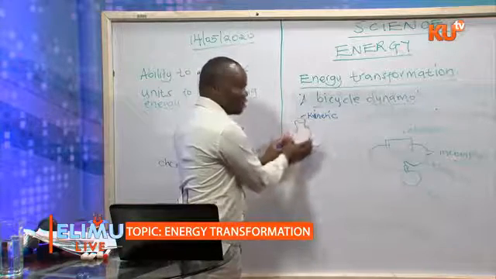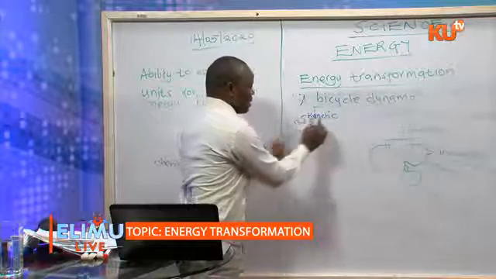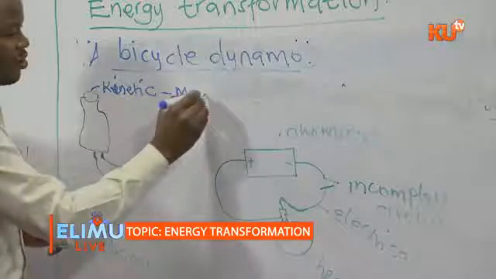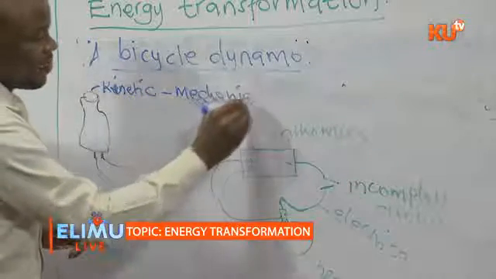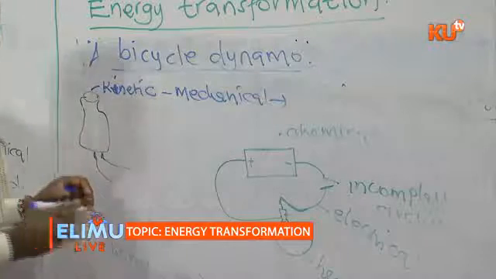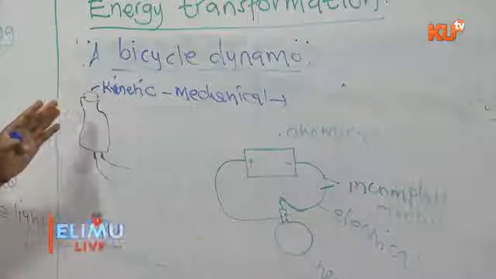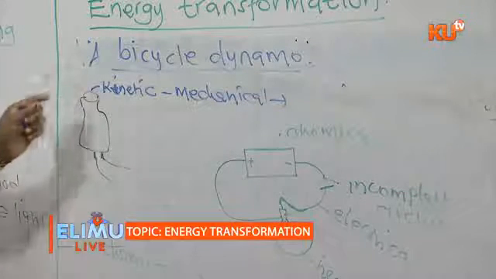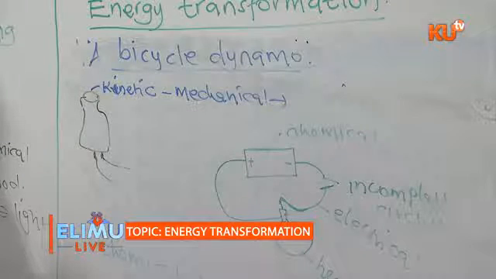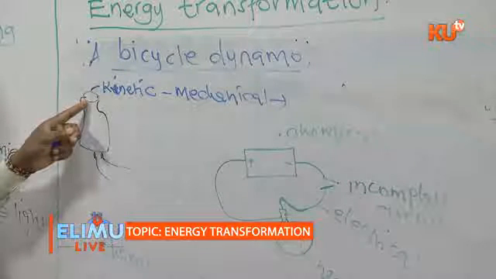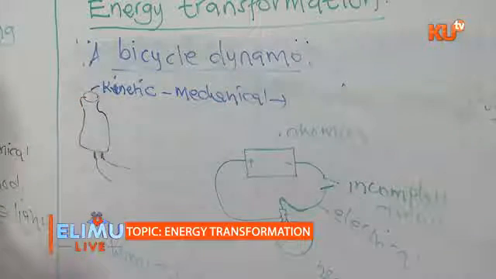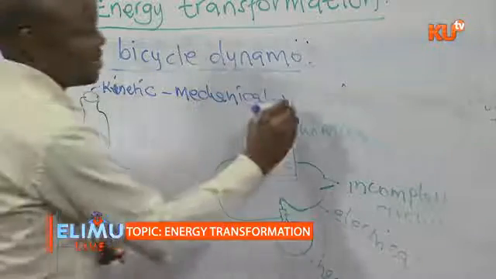There is some mechanical going on, because from the kinetic you go to mechanical energy. After mechanical energy, we go to magnetic, because there is a small magnet which is found in the bicycle dynamo. Magnetic.